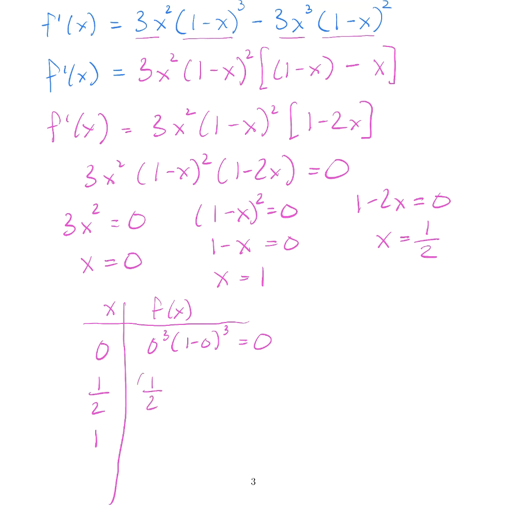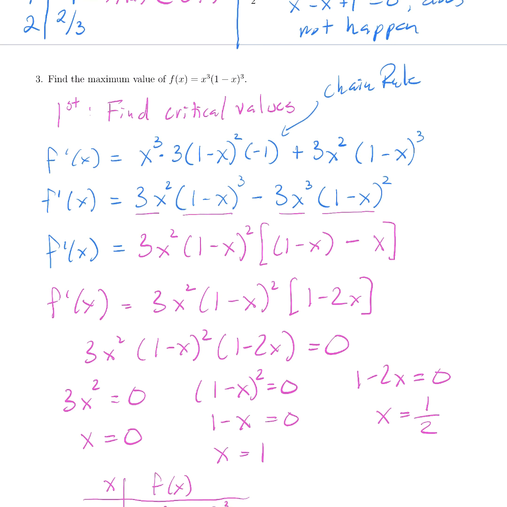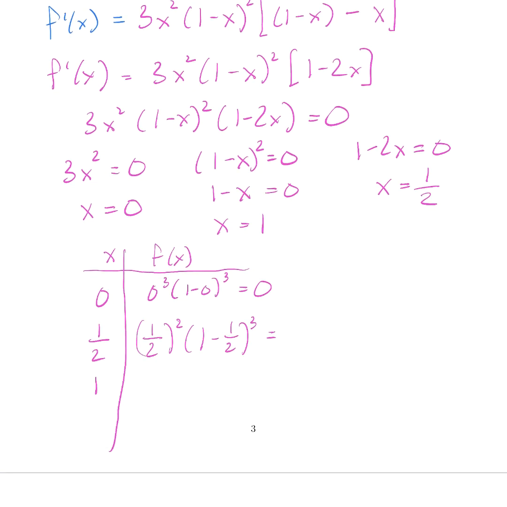At 1/2, we get 1/2 cubed times 1 minus 1/2 cubed. Sorry, 1/2 cubed. That looks like 1/2 cubed times 1/2 cubed. So that looks like 1/8 times 1/8, or 1/64.